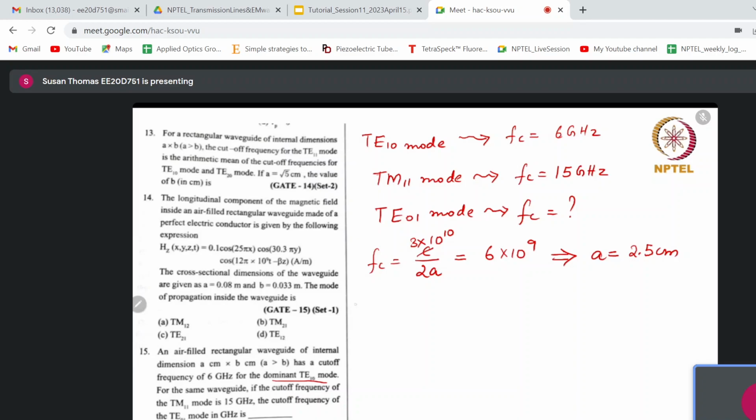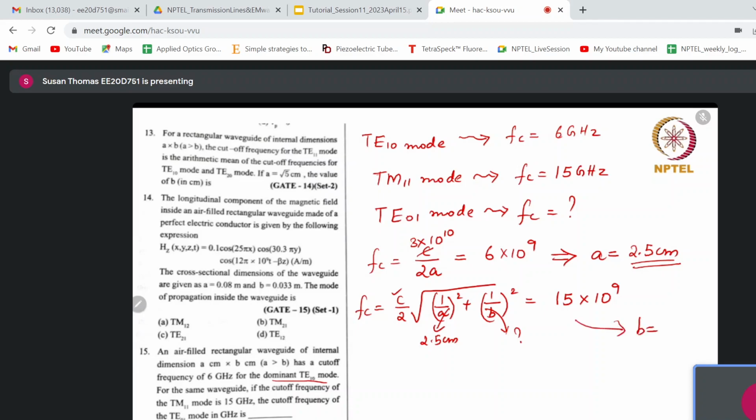Now similarly for TM11 mode, we can write the expression as C by 2 into square root of 1 by A the whole square plus 1 by B the whole square is equal to 15 gigahertz, 15 into 10 power 9. Here we already know the value of A, substitute that A as 2.5 centimeter, and you can find the value of B because we already know C. So once you find that, for TE01 mode, what is FC?